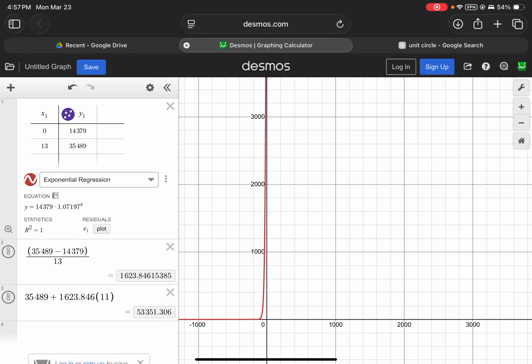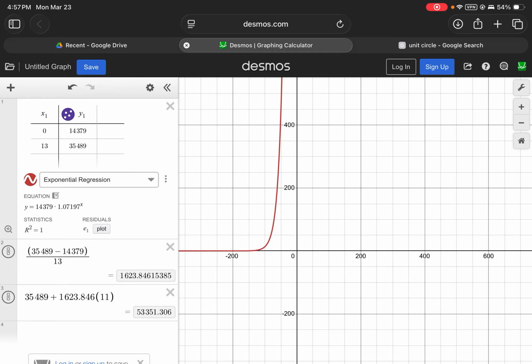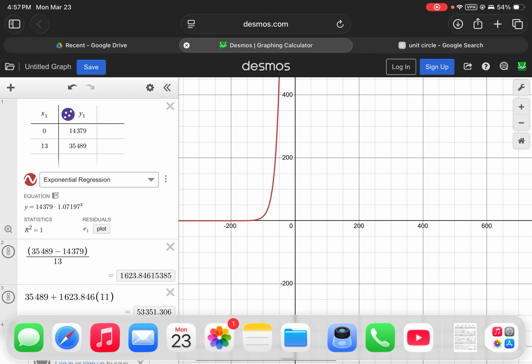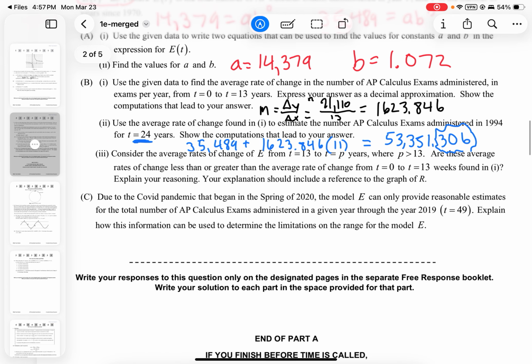So let's look at our function here for a second. This is clearly a concave up function, right? It's a concave up exponential function. And so what does that tell us? Well, that tells us some important information. The rate of change is increasing. So as t gets larger, the rate of change gets larger. So what is it asking us? Are the average rates of change less than or greater than the average rate of change for t equals 0 to 13? Well, they're greater than.